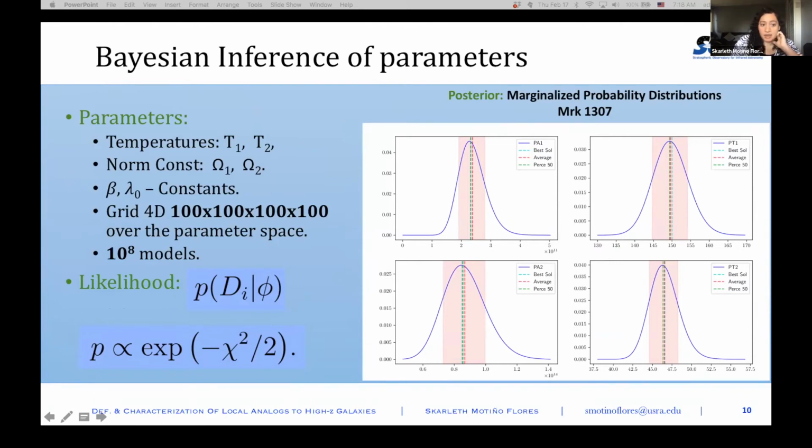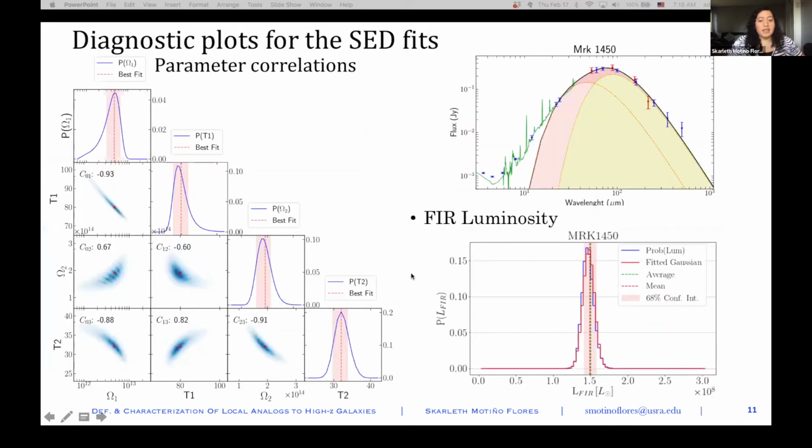In this case, we're finding two black body components characterized by temperatures and normalizations. We're using a constant dust emissivity, 1.5 as the dust emissivity, and this allows us to generate the dust emission.